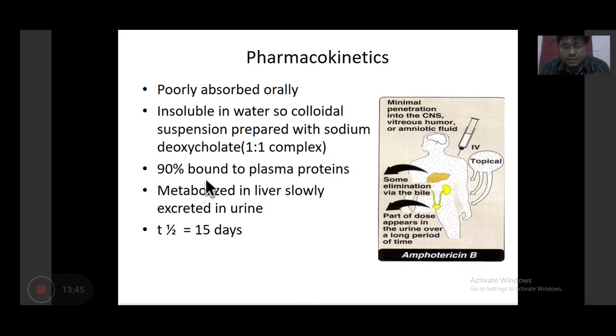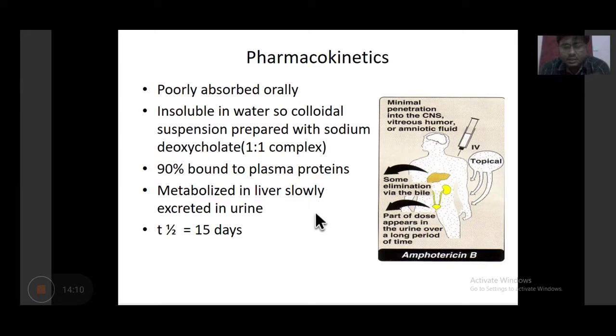And the clinical significance we discussed with plasma protein binding is that a drug with high binding will displace another drug with high plasma protein binding and lead to side effects. For example, if you give warfarin and amphotericin together, amphotericin will displace warfarin and warfarin will lead to hemolysis.